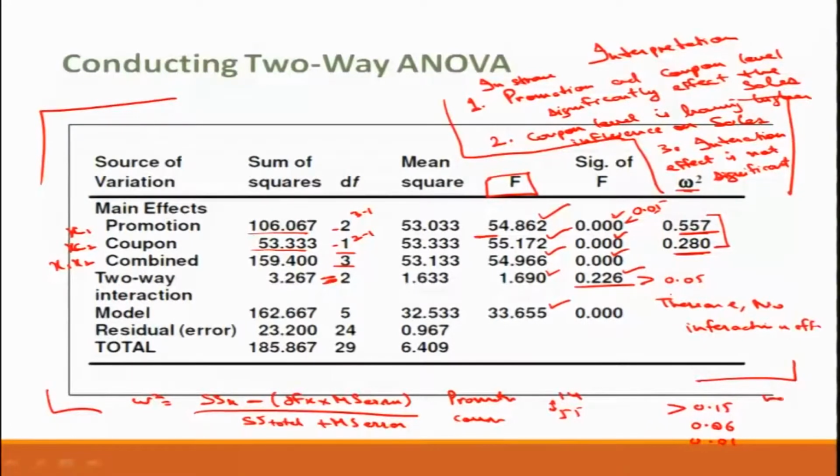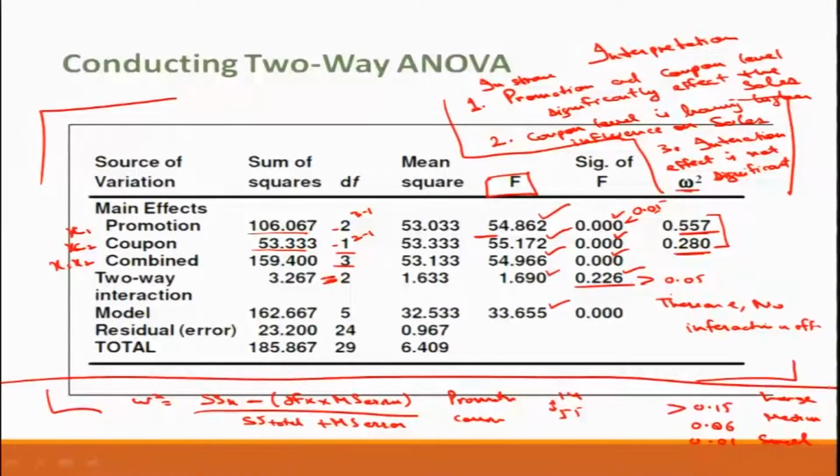So this is large, this is medium, and this is small. We are talking about the omega square here. Okay, if it is less than 0.01, it is small. If it is between, 0.06 is less than omega square, which is less than 0.15.